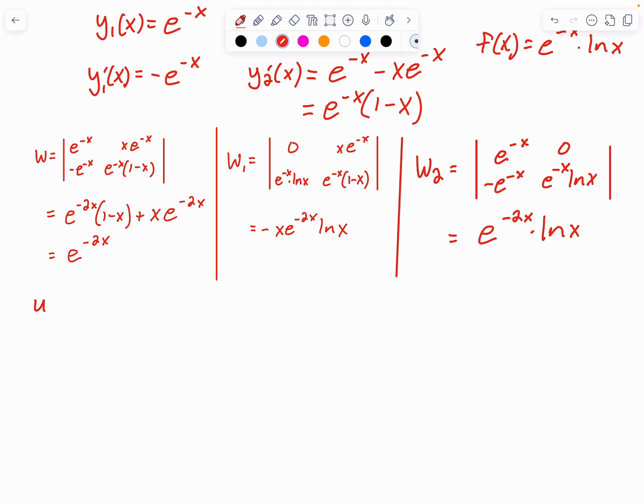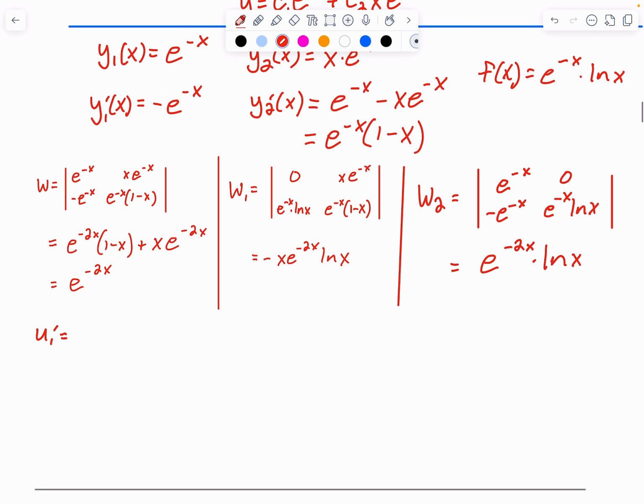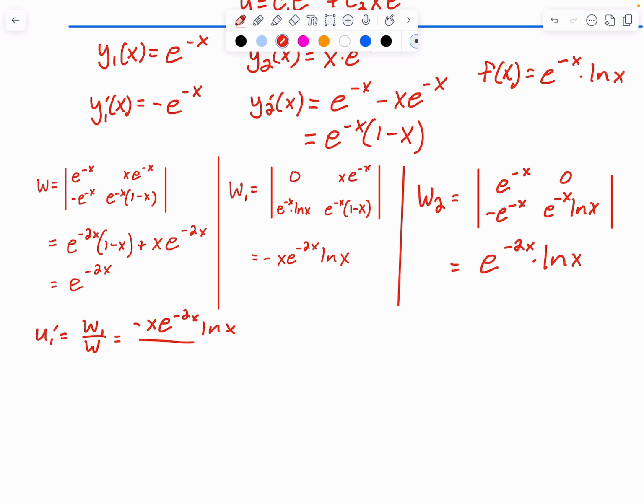So u1 prime, right, is going to be W1 over W. So W1 is negative x e to the negative 2x ln of x, divided by e to the negative 2x, which is going to leave me with a negative x times ln of x.